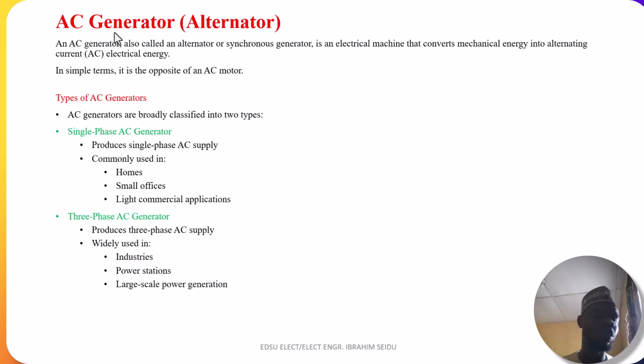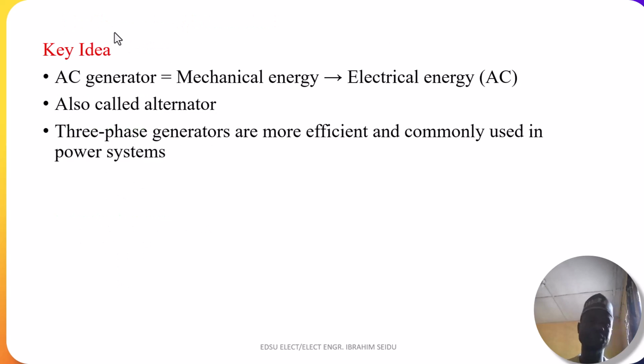Like in Nigeria, we have a particular type of generator they normally call 'better pass my neighbor'. Majority of them are single phase, which most people use in their various homes and offices. And we also have the three-phase AC generator. This is mainly used in industries, power stations, and large scale power generation.